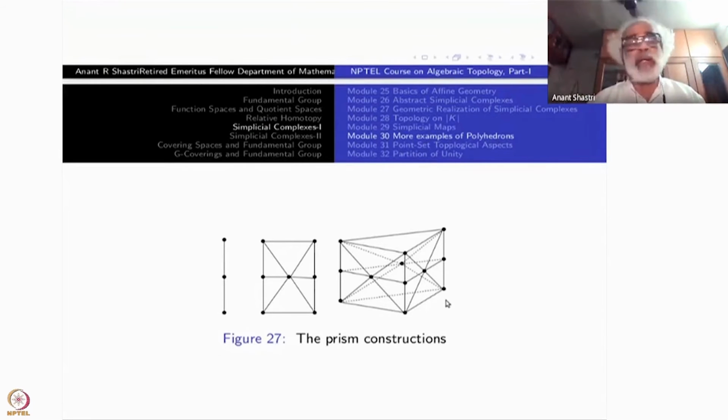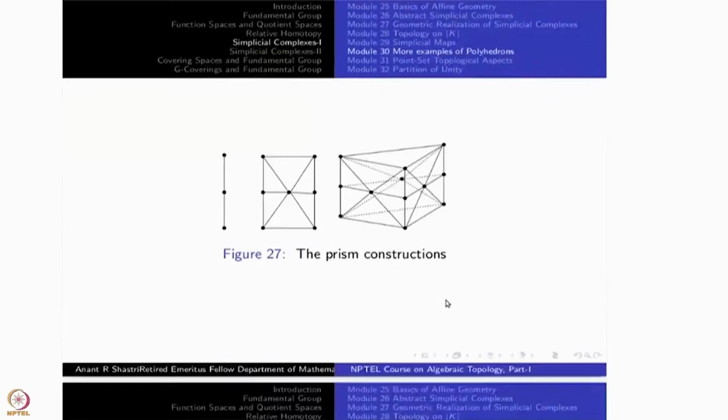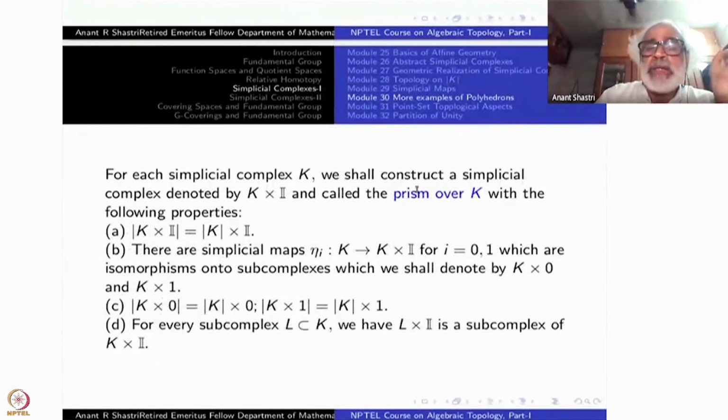Let me do it systematically once again so that you will understand what is going on. So for each simplicial complex K, we shall construct a simplicial complex denoted by K cross I. This is a notation. This is going to be a simplicial complex which I am going to describe. K is a simplicial complex. K cross I, there is no simplicial structure yet. Okay.